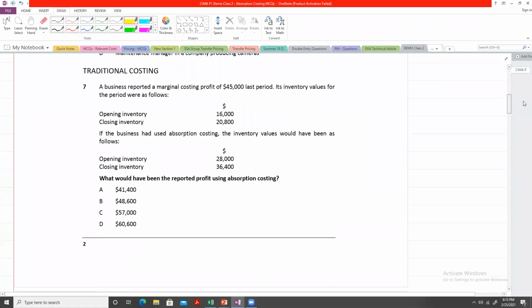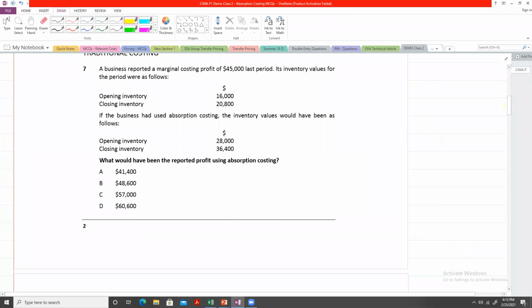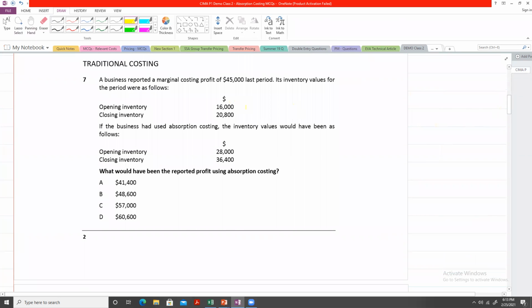Okay then, let's look at question number 7. This is an interesting one. A business reported a marginal costing profit. We are given the marginal costing profit, and we are given the inventory values for the opening inventory and the closing inventory under the two approaches, marginal and absorption costing.